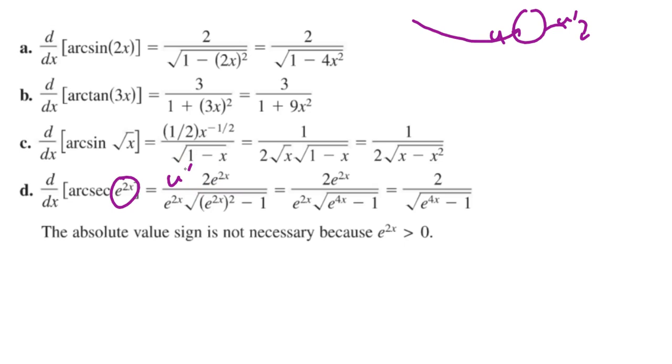Over, again, if you look at the formula, it's just whatever u is times the square root of u squared minus 1. Okay? And so they got this as their derivative. Simplifying, I think we can see that, let's see here, doesn't e to the 2x and e to the 2x cancel? Right? And then e to the 2x squared is e to the 4x. So I hope we can all see how I got that.